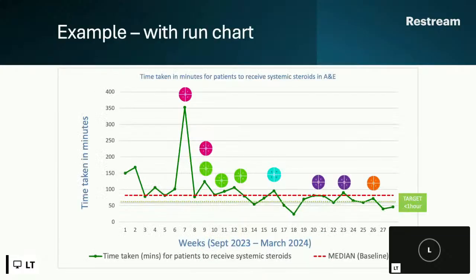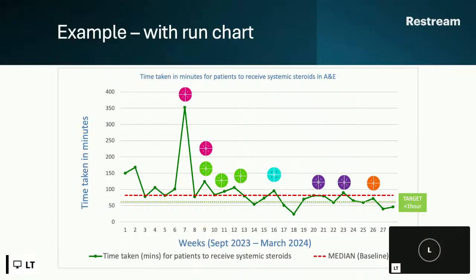So this is my run chart. It looks a bit more complex, but I'll try to explain it. I collected weekly data. Remember, my baseline run chart was just patient cases, just to see what my median time is, the time taken for systemic steroids to be given to patients. But then my final run chart was when I collected weekly data.